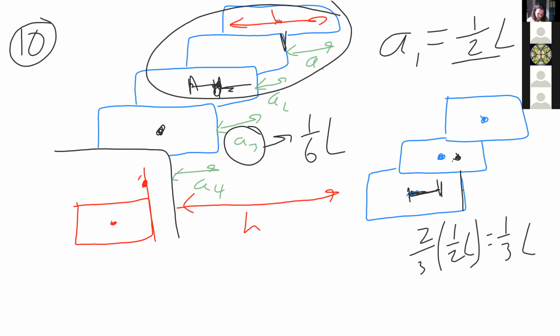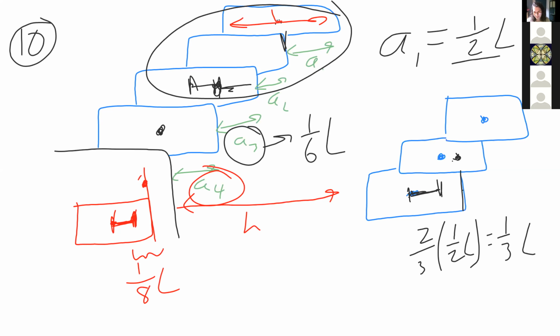So to split the difference between those, that would be 3/8 from the center of the block to the point where the center of mass is, which means that the difference here would be a half minus 3/8, which is 1/8 L for this last overhang.